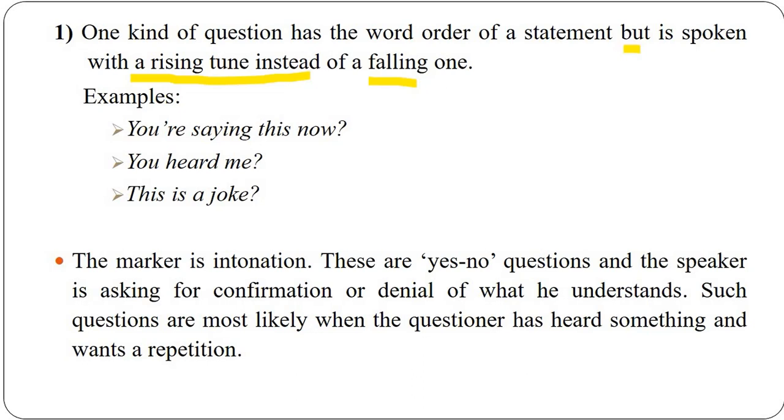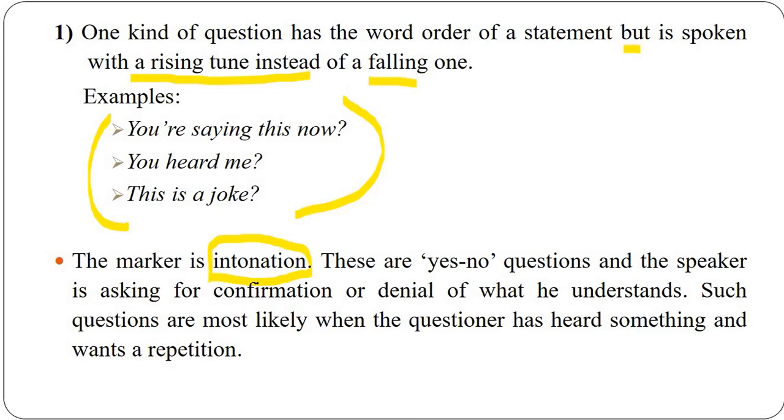This is a joke. You can see that these are the examples of questions, though they might seem in the form of a normal statement. So the marker is the intonation here, because we understand the sentence is a question through the intonation marker.